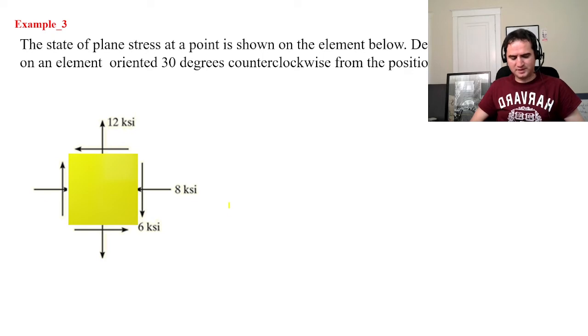Let's review another example. So the state of plane stress at a point is shown at the element below. Determine the stresses on an element oriented 30 degrees counterclockwise from what you have.